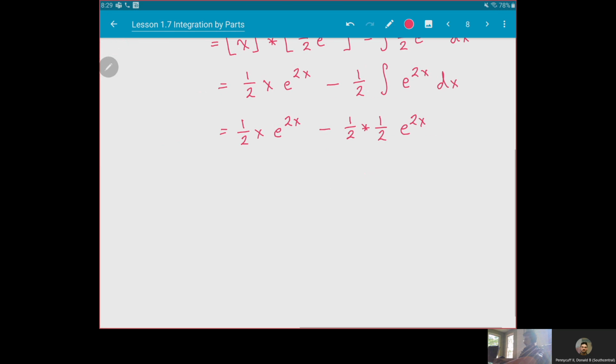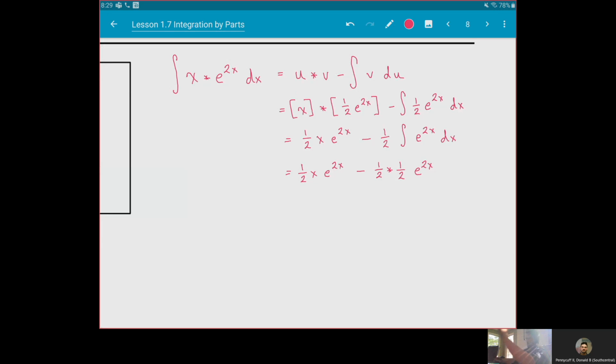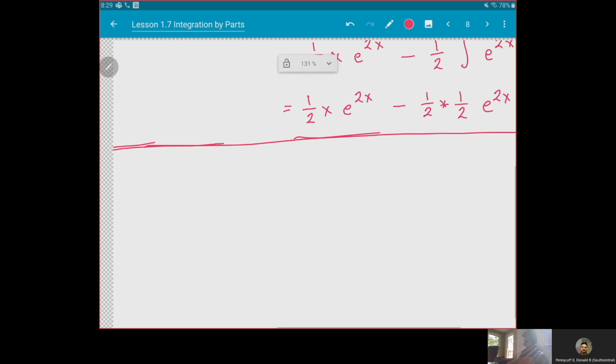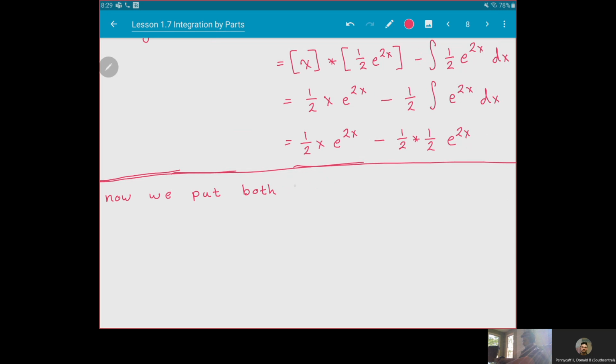Okay. So let everyone get to here. Now, I haven't taken care of factoring yet, and I have not added a plus C yet. Okay. So I'm getting ready to. I'm just going to wait until I put all the pieces together. Okay. So now we put both problems together.